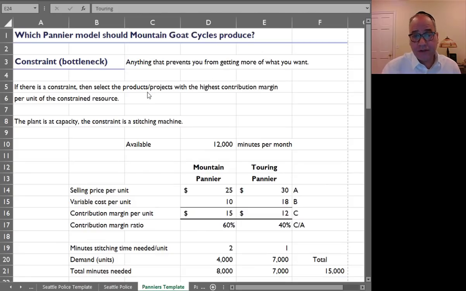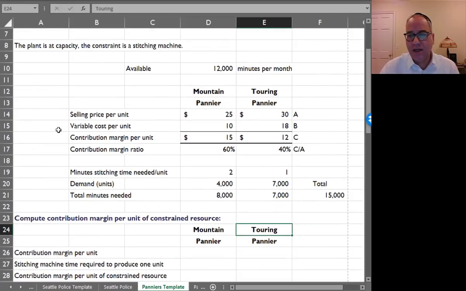And this plant is at capacity, and your constraint is some kind of stitching machine. And this stitching machine can do 2,000 minutes per month.